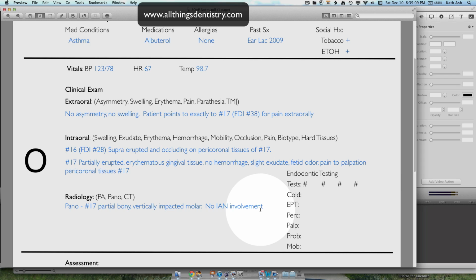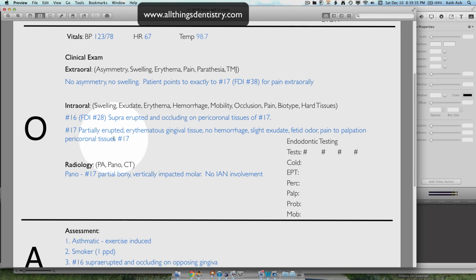This is a really good way to capture it if a patient presents with endodontic or odontogenic pain and we're not going to be pursuing extraction, so I do my endodontic testing on here as well. It also reminds me, if I need to review my notes down the road, what the overall clinical exam was, instead of focusing on one little tooth. We take a look at the whole patient.